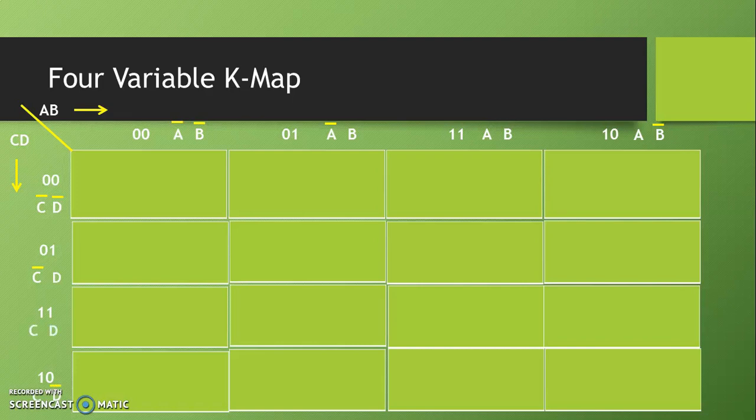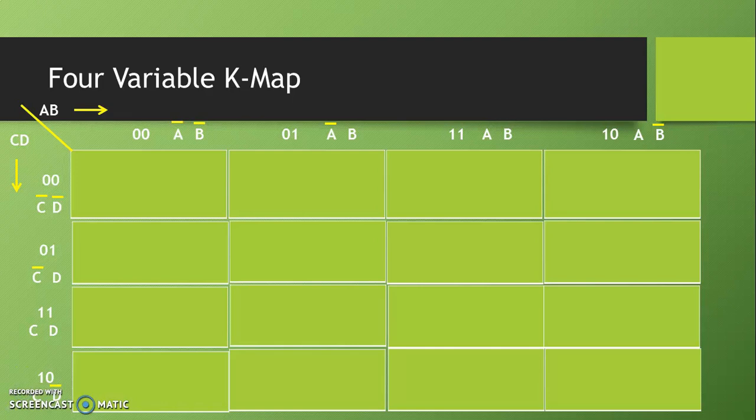After this, if we write the equivalent binary number of each cell, we know that in the case of A, B, C, D, A is the most significant bit and D is the least significant bit. So we follow writing A, B, C, D. First we have to take values from AB, from the horizontal plane, and then we have to add the product term for CD, which we take from the vertical plane.